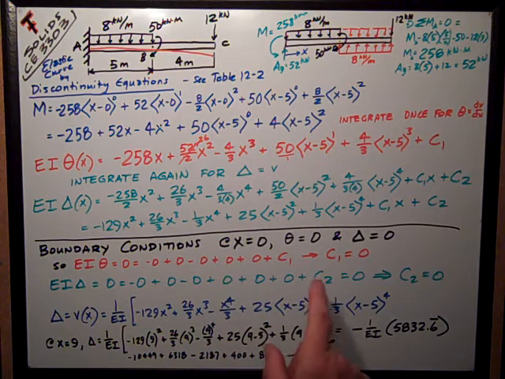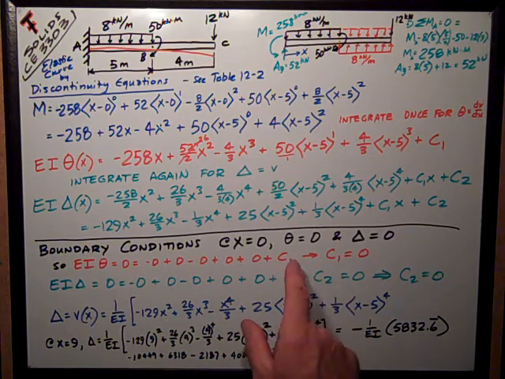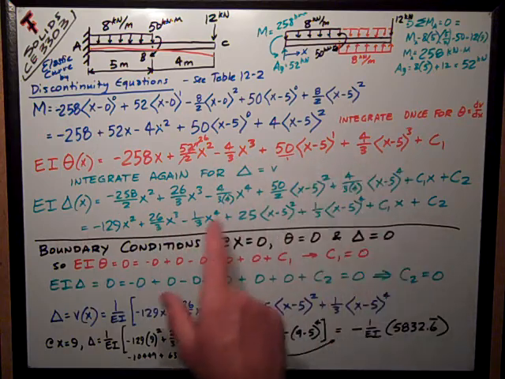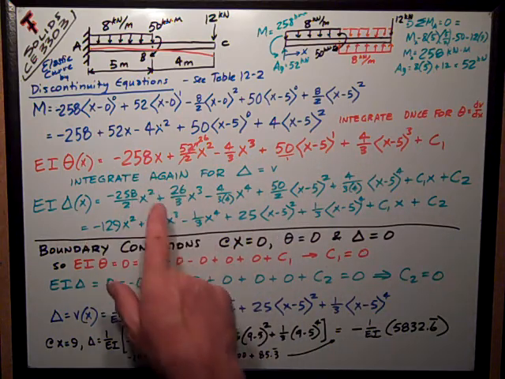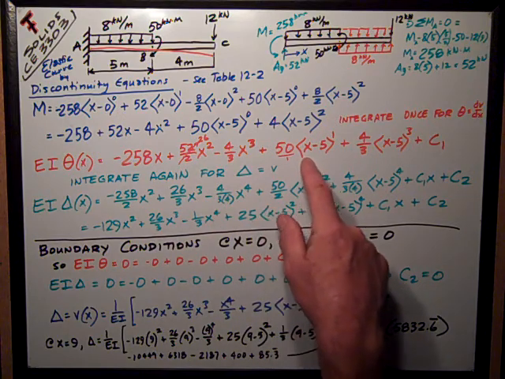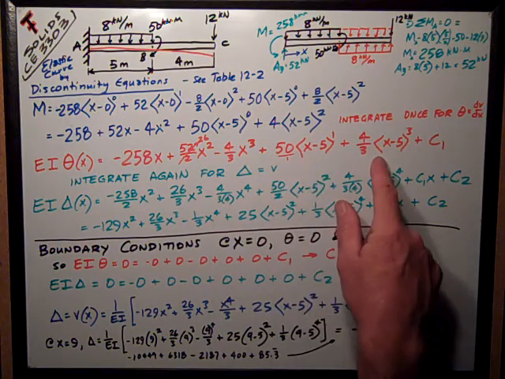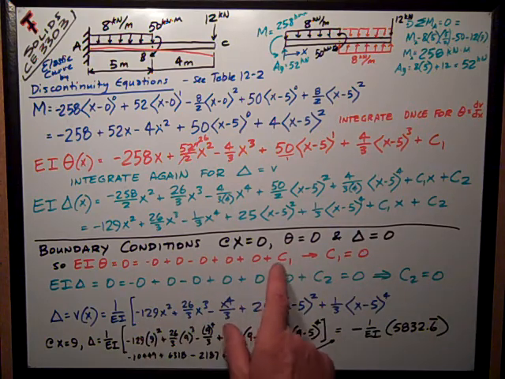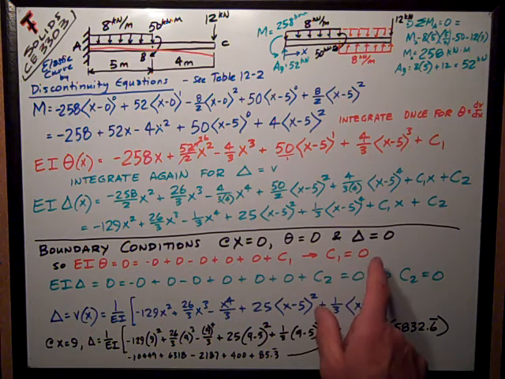So I can substitute in x equals 0 into the slope equation that I have right here, and all these terms go to 0. That one's 0, 0, 0. That one's always 0 until x equals 5 anyway. Same with that one. Plus C1, I get all these zeros plus C1, so therefore C1 is equal to 0.